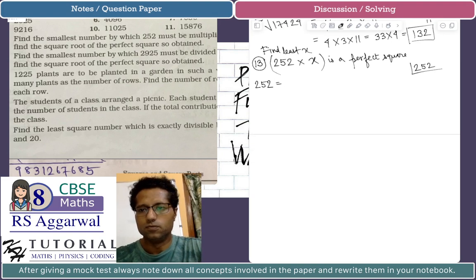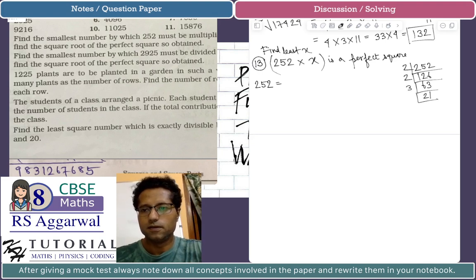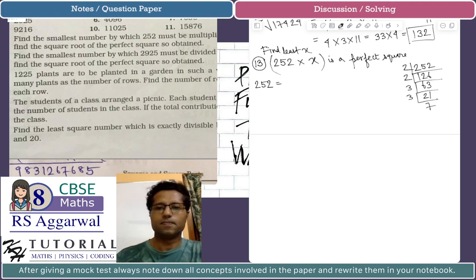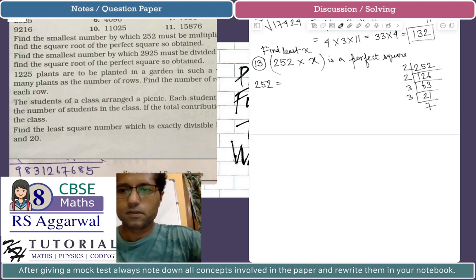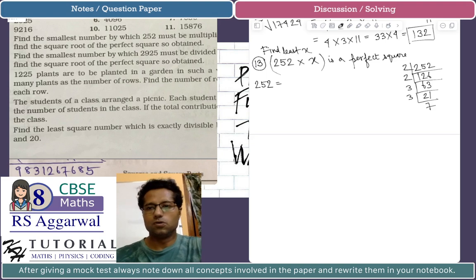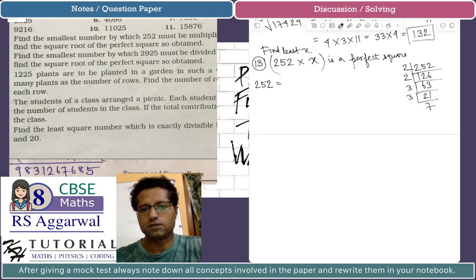So divide by 2, we have 126, and then divide by 2, we have 63, and then we divide by 3, we have 21, 3, we have 7. Okay. So the prime factorization of 252 is 2 multiplied by 2 multiplied by 3 multiplied by 3 multiplied by 7.